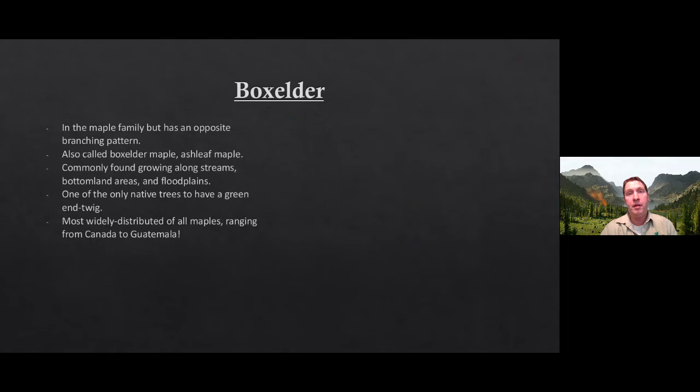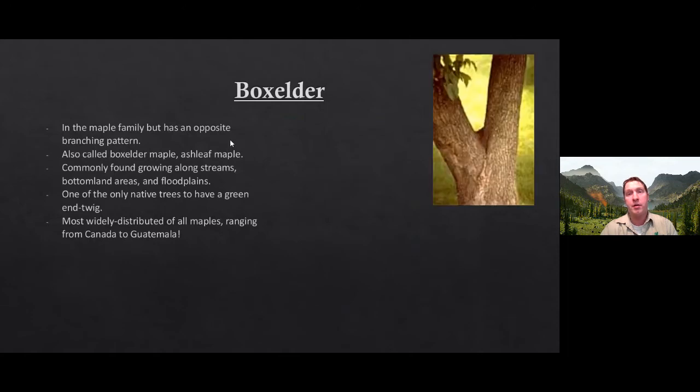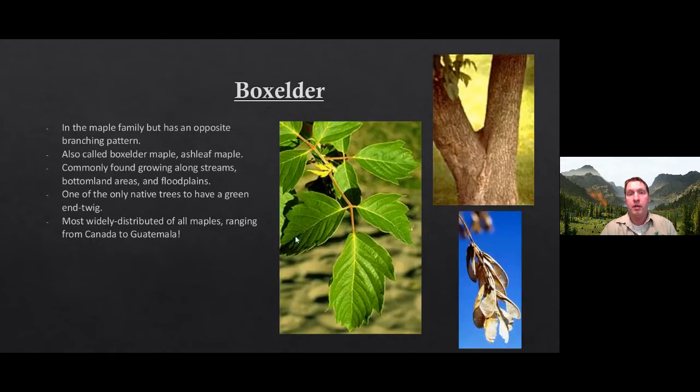And the other one is boxelder. Boxelder is in the maple family, and it has an opposite branching pattern. Other names for this tree are ashleaf maple and boxelder maple.